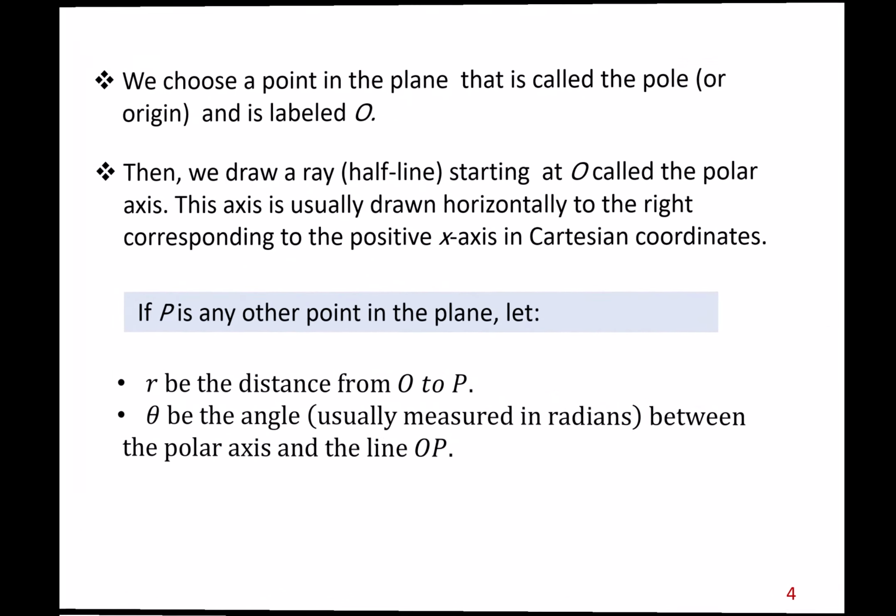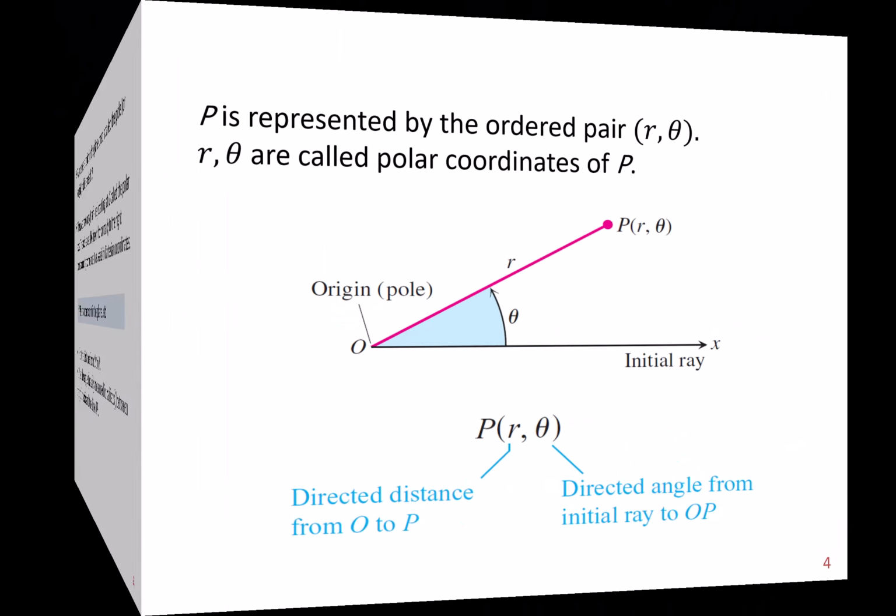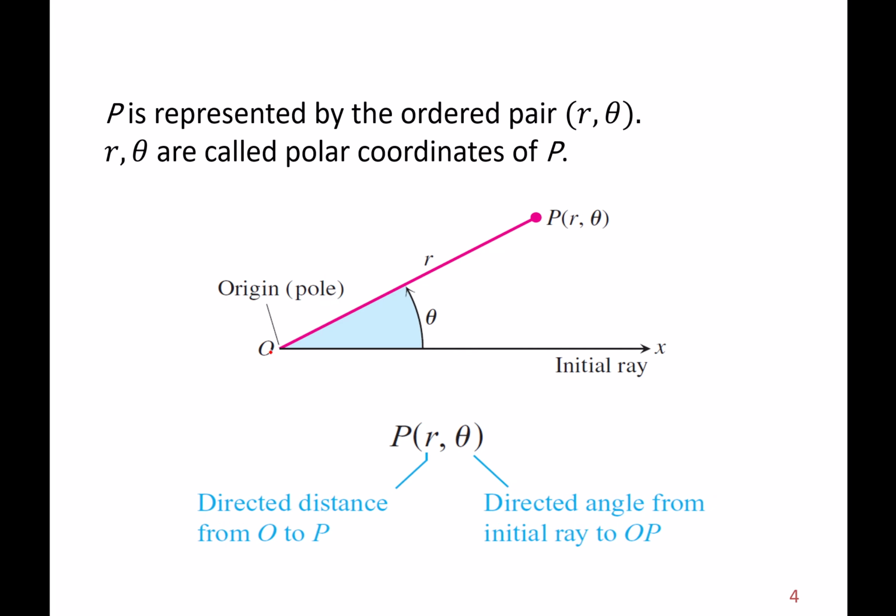In a polar coordinate system we have an origin, which is also called the pole. We draw an initial ray, which is the horizontal axis, and r, and the angle in between is called theta.